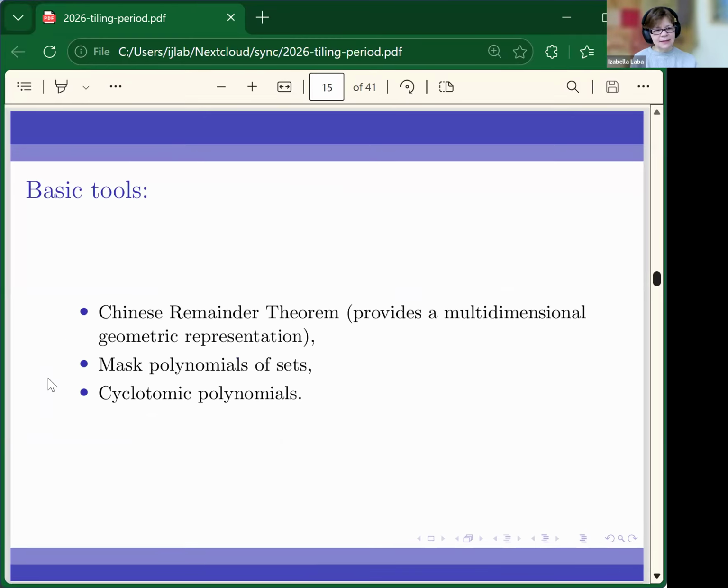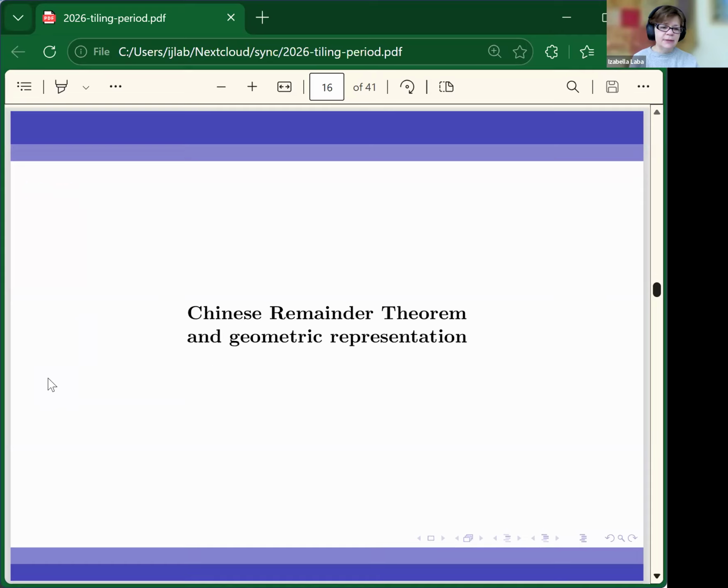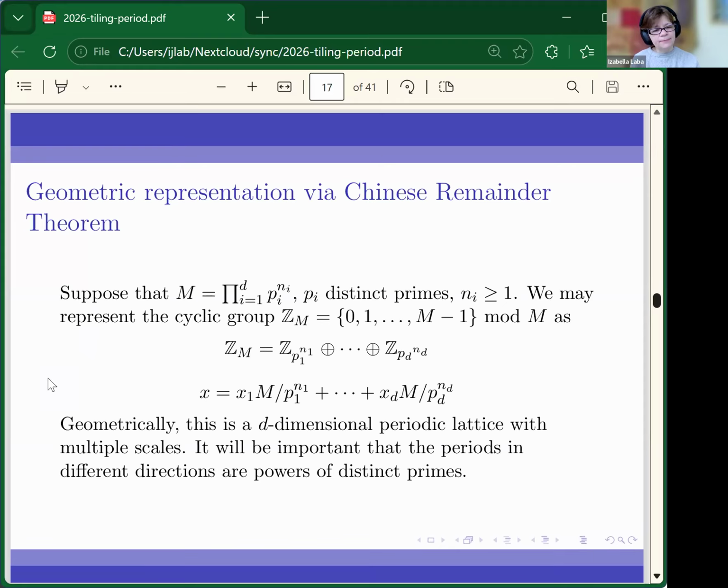Some basic tools that we use in the proof are the Chinese remainder theorem. So this provides a geometric representation of the problem. We use mask polynomials, and we also use cyclotomic polynomials. So let me tell you a little bit about those. Starting with the Chinese remainder theorem, let's say that we work in a cyclic group Z_M.